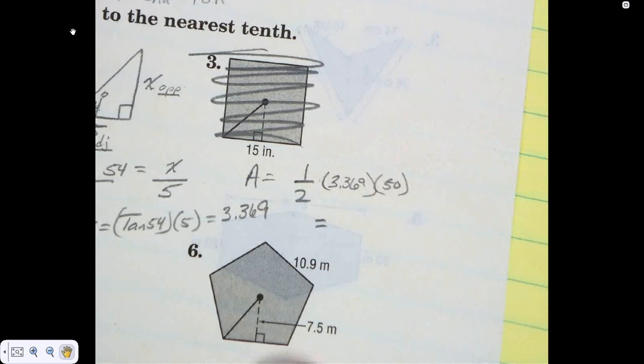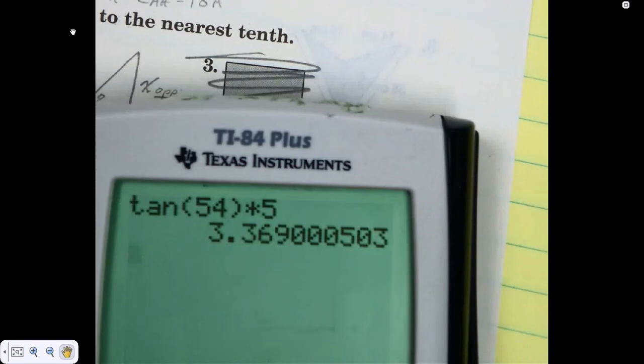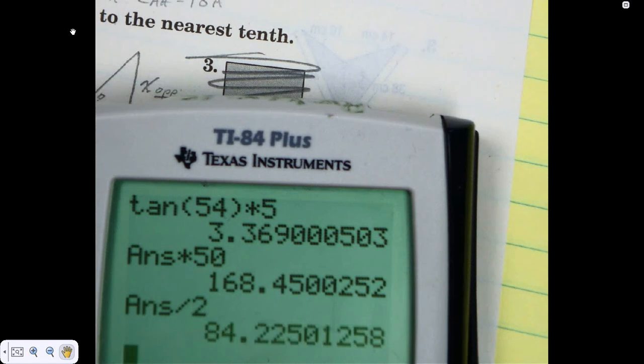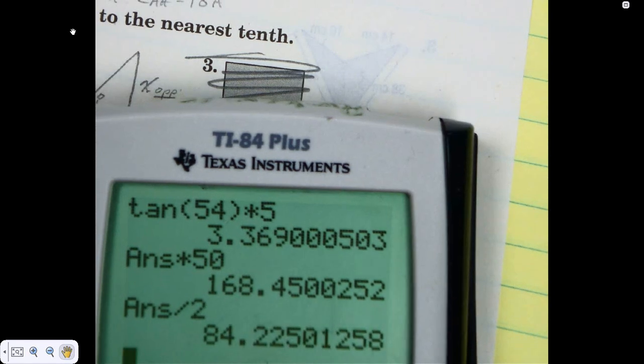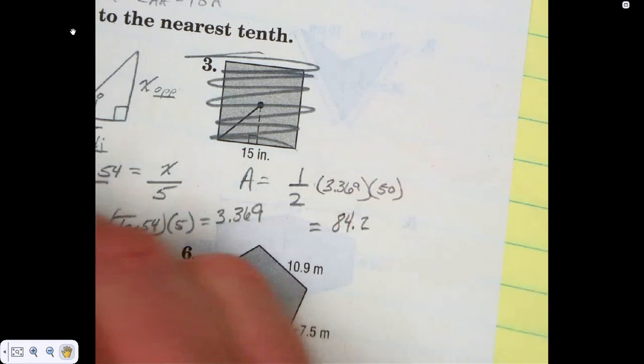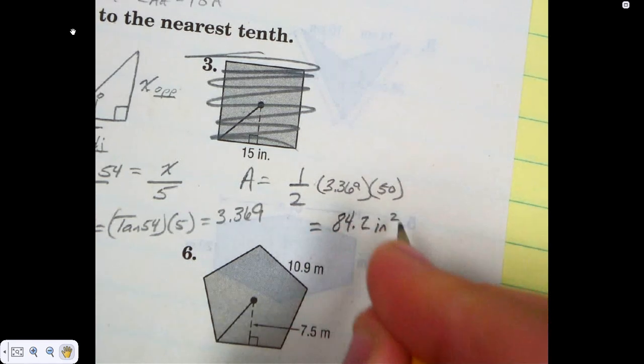What would our area be? Divided by 2. You guys get 84.2. And it looks like it was inches squared.